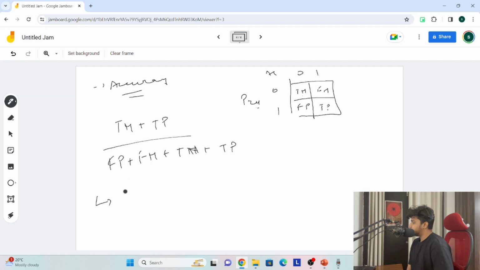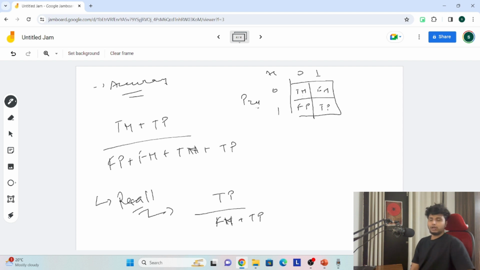Then the next thing we have is recall. Recall is similar to what we did in the health case, the cancer detection case. In those cases, we take only the actual one value, and we say how many of them you were able to classify. So it will be true positive divided by false negative plus true positive.